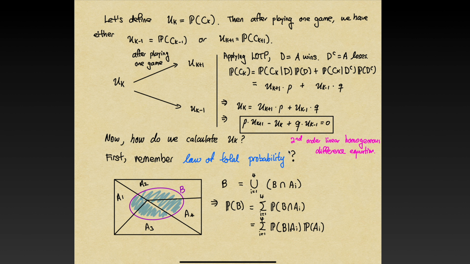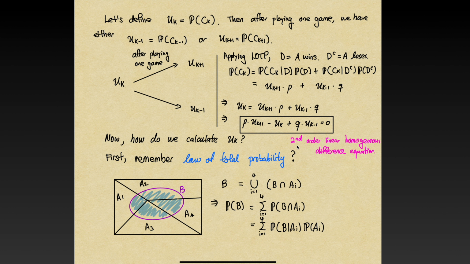Notice that we have a difference equation, not differential, because we are dealing with discrete time. Unfortunately, not many books talk about how to solve this difference equation. But anyway, it's a fancy way of saying this kind of equation.